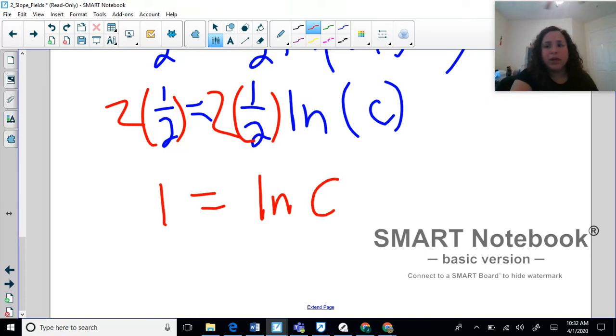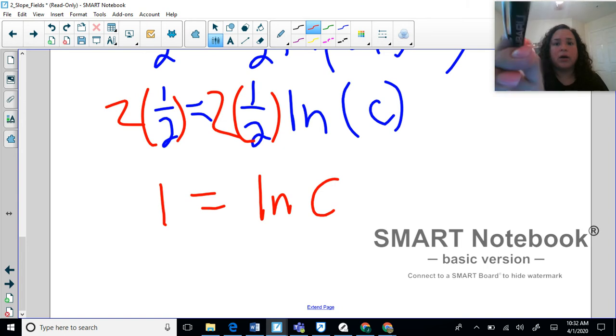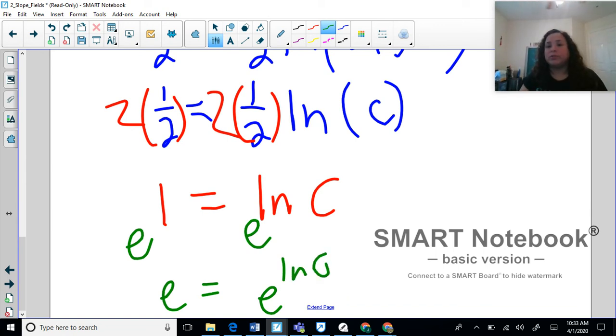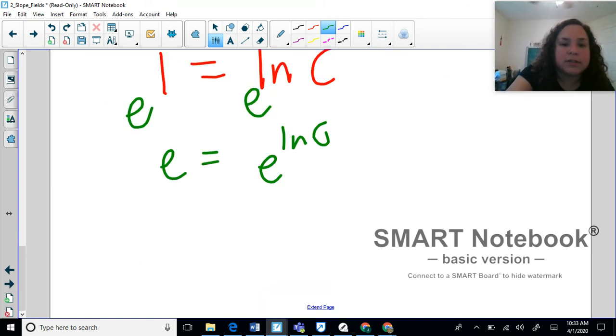To get rid of the natural log, we use the base e and take e to both sides. We have e to the 1, which is just e, equals e to the ln of c. Using the rules of exponents and natural logs, anytime we have e to the ln of something, we can just bring down that something, so c is equal to e.